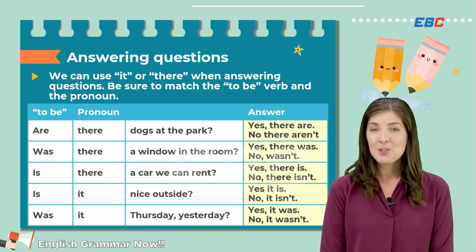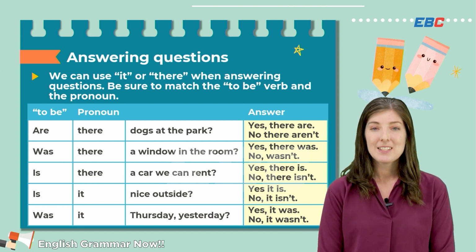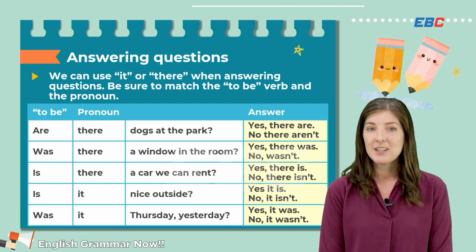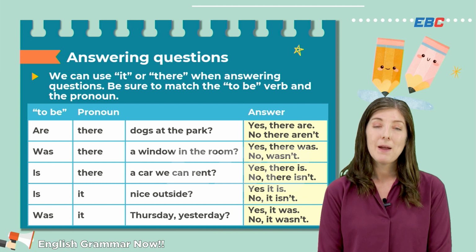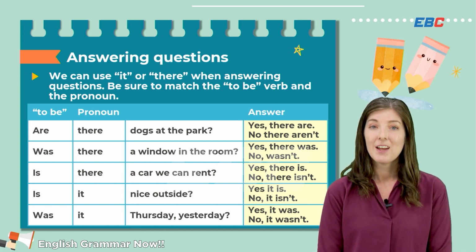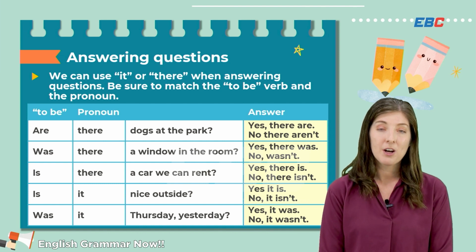We match the answer with the question. Let's take a look at our chart. When we ask a question beginning with the to be verb, we will use the matching to be verb in the answer. For example, are there dogs at the park?